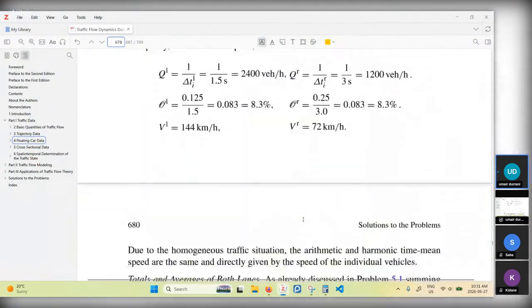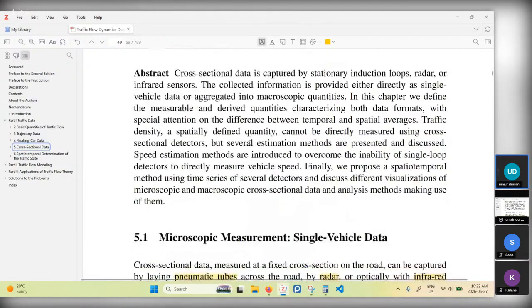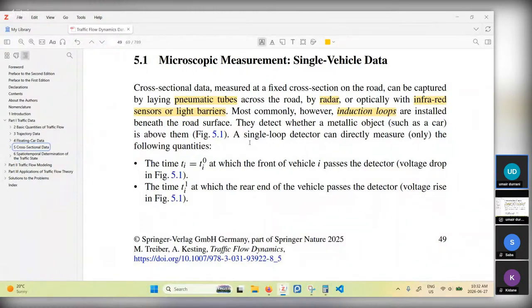So far, we have discussed trajectory data, floating car data, and now we are looking at another source of data in traffic engineering, which is called cross-sectional data. So cross-sectional data is where we have different ways to measure or get data at a cross-section of a road.